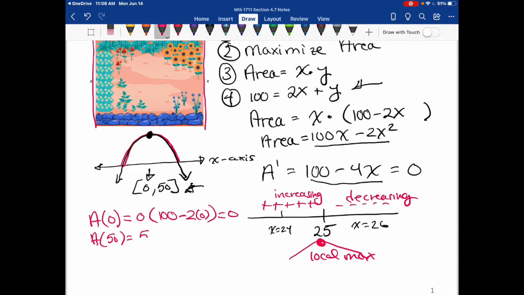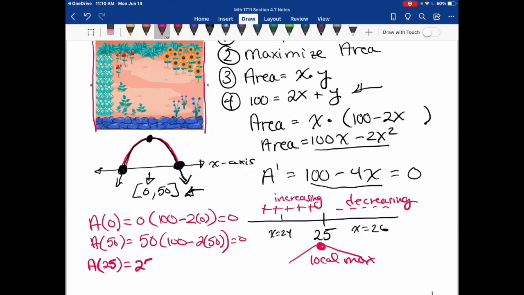If I plug in 50, that gives me 50 times 100 minus 2 times 50, that also gives me 0. If I plug 25 in, I'm going to get 25 times 100 minus 2 times 25. That's going to give me an area of 1,250 feet squared.